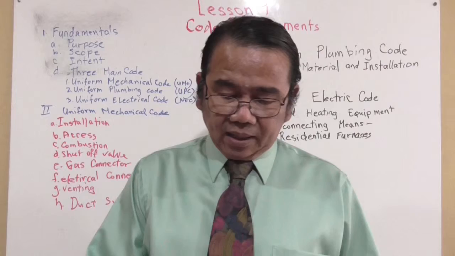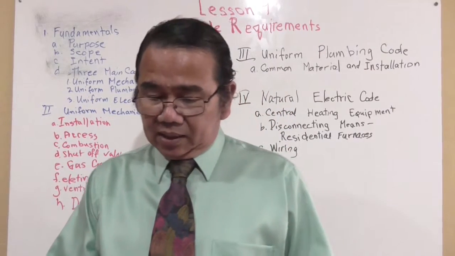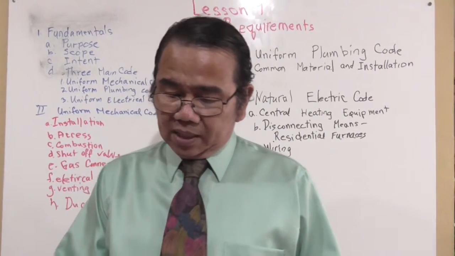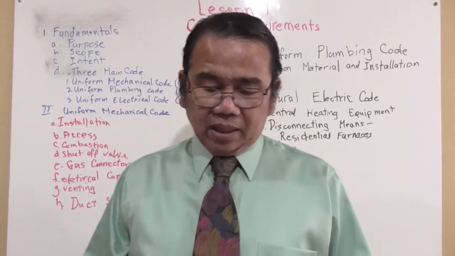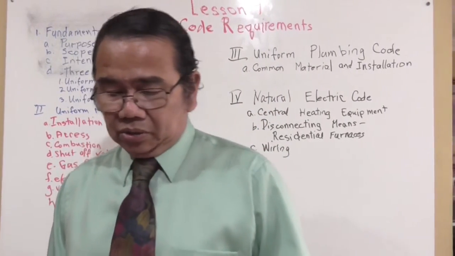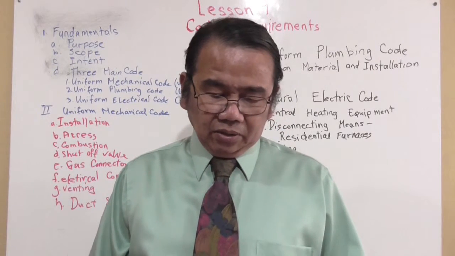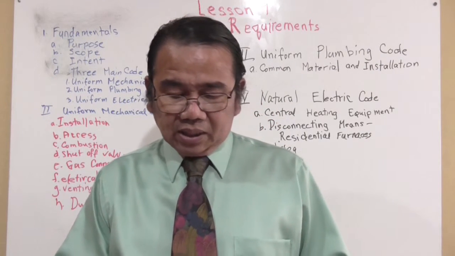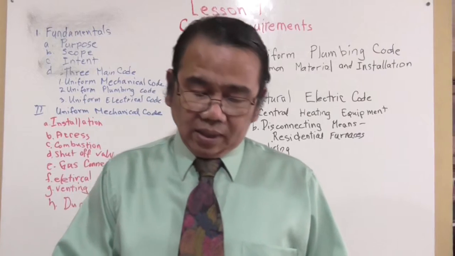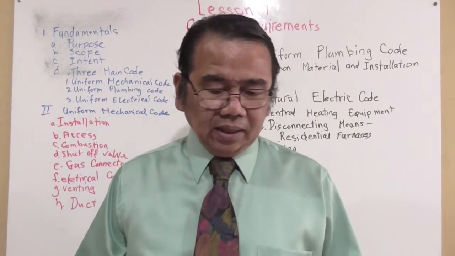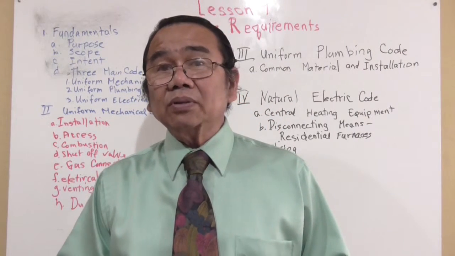Attic ducts shall extend at least 6 inches behind ceiling joists and insulation, not be screened at either end, and shall be at least 20-gauge galvanized steel. And then we're going to talk about the shut-off valve.